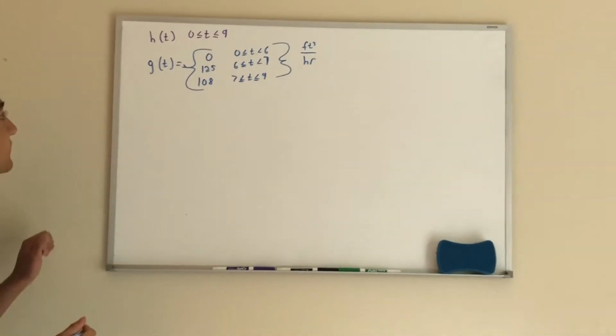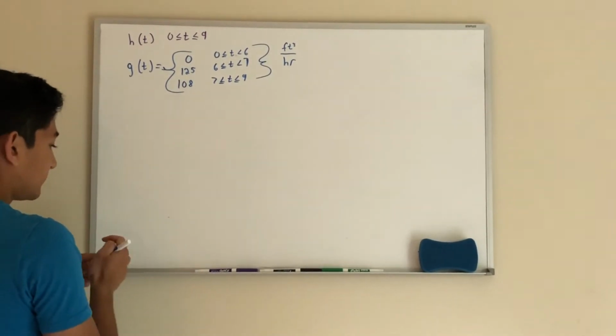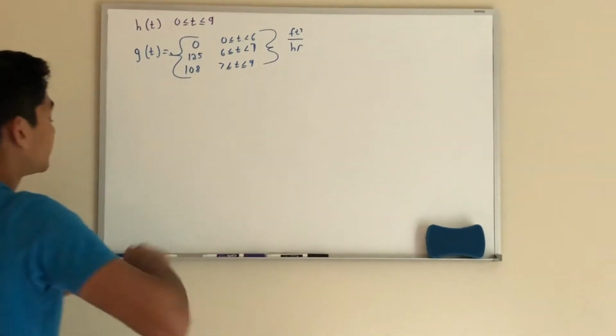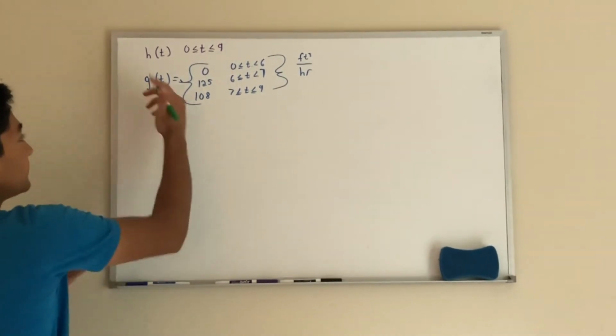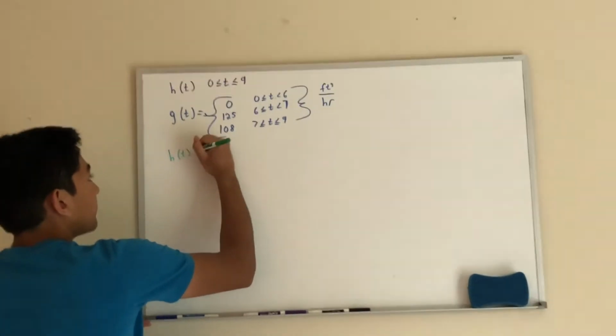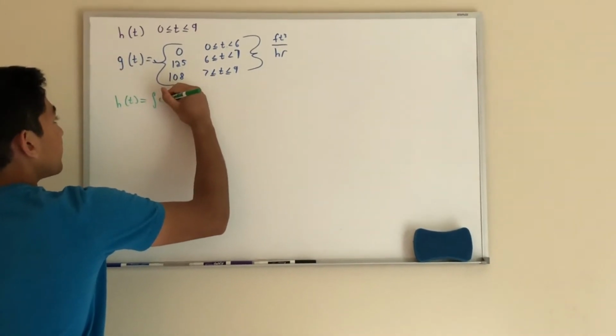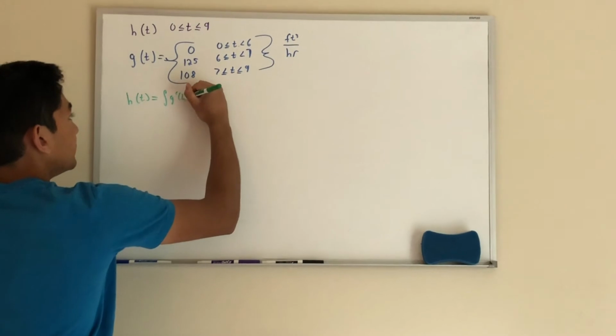And this is in feet cubed per hour. So we know that g of t is essentially the rate of change of h of t. In other words, g of t is the derivative of h of t.